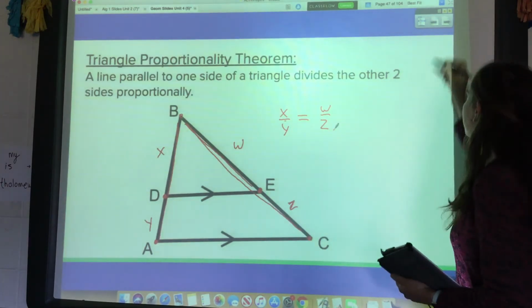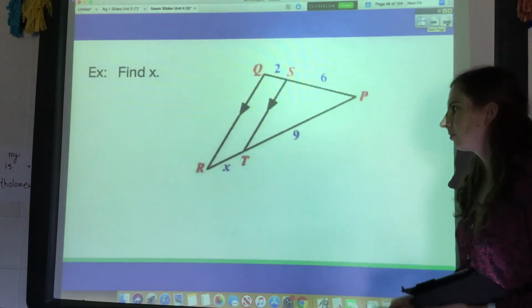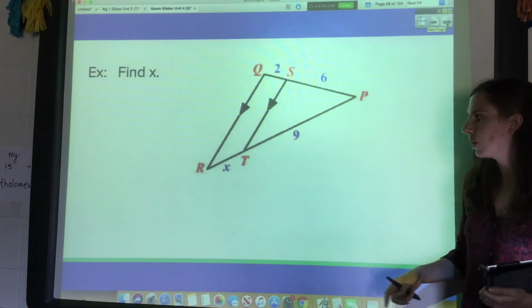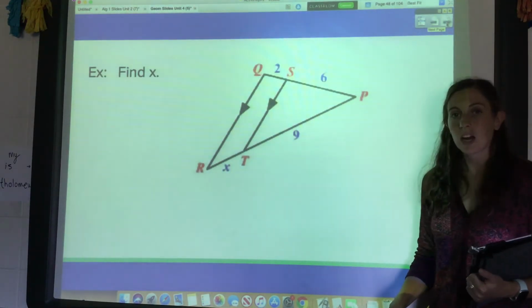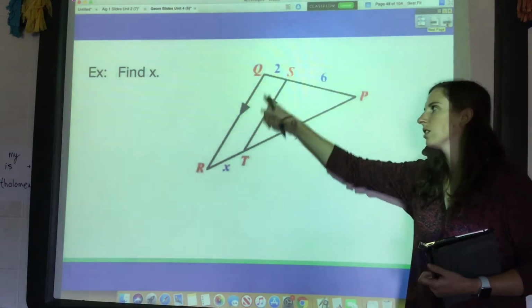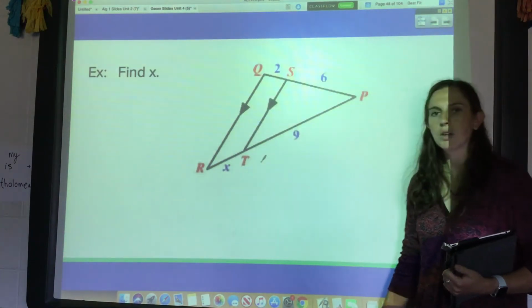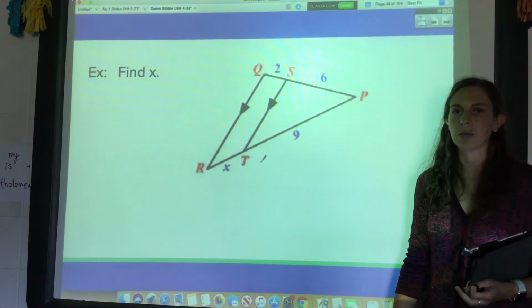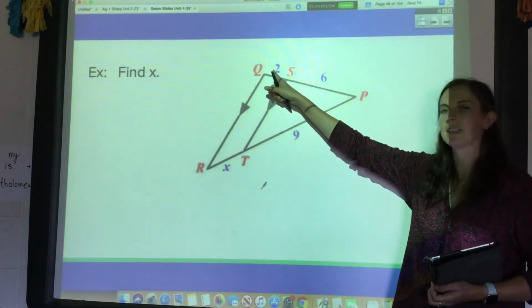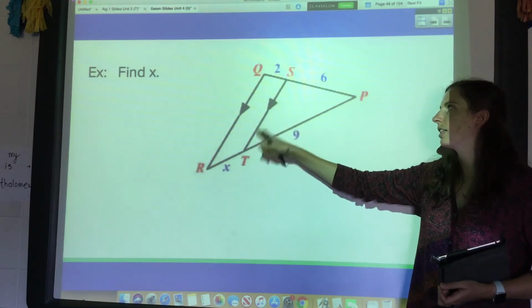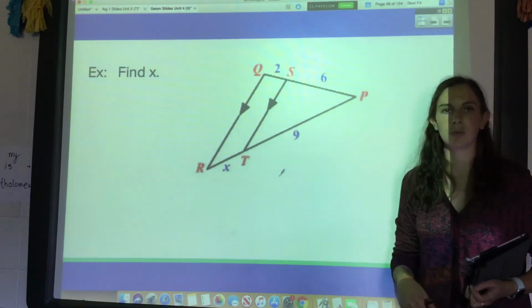Let me show you some examples of that first of all. For example, if I wanted to find little x here, I've got everything I need already. Since these lines are parallel, I know that the triangle proportionality theorem applies, which says that these are proportional to this. Like this segment cuts this into two proportional pieces.